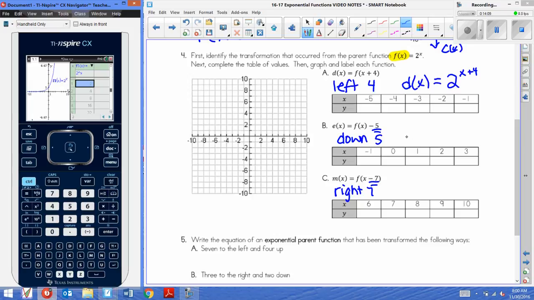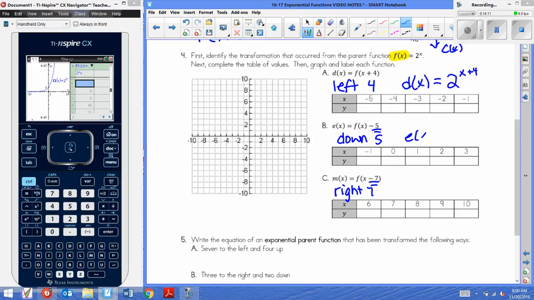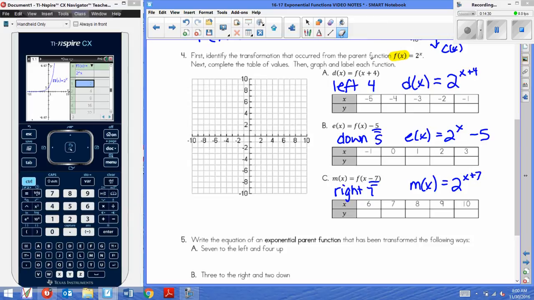And down 5 for e of x, that would look like 2 to the x minus 5 on the outside. And c, which is m of x, would equal 2 to the x power, but since it's shifting to the right 7, that would become, not plus 7, minus 7.